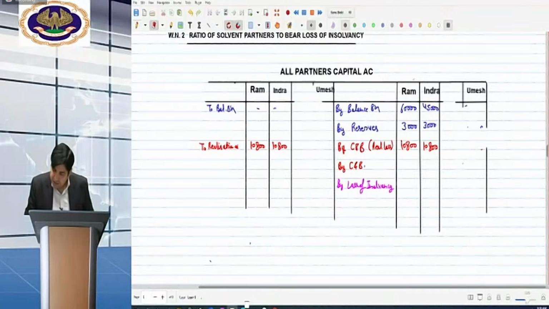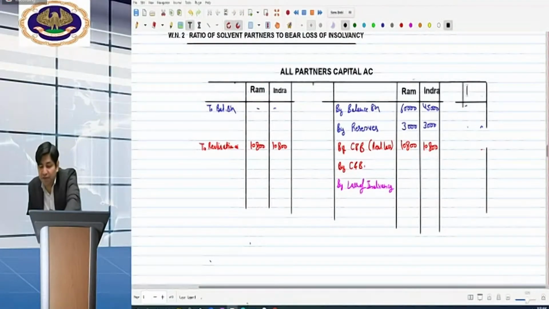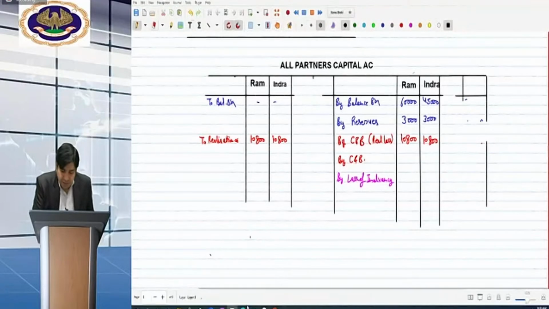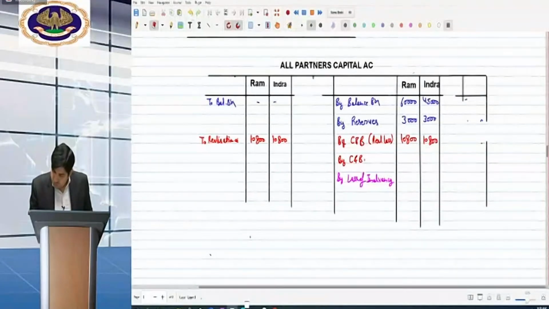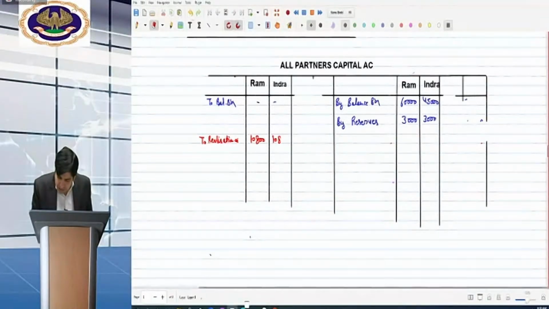For that, we have to check. We have to follow that the things coming from realization are to be ignored, because this is the fluctuating capital method of Garner versus Murray. Same thing is there. So things coming from realization are to be ignored. I am removing the things from the accounts which are due to the realization account.